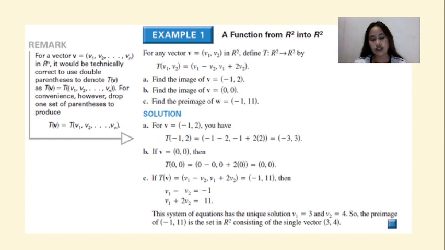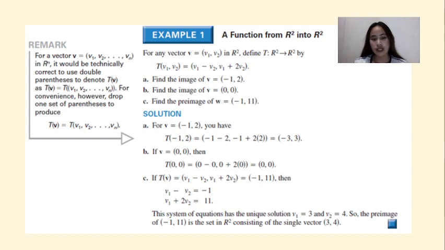Letter C. If T of V is equal to V1 minus V2, V1 plus 2V2 is equal to negative 1, 11, then V1 minus V2 equals negative 1 and V1 plus 2V2 is equal to 11.